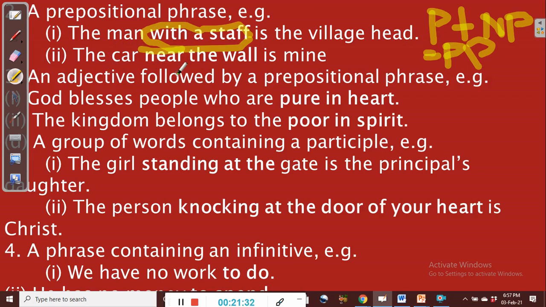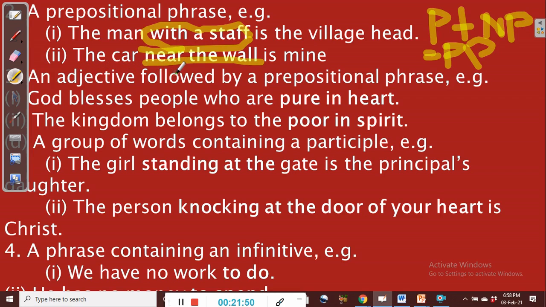Then the second one: the car near the wall is mine. Again, you see "near the wall" is the prepositional phrase that is doing the job of an adjectival phrase here.